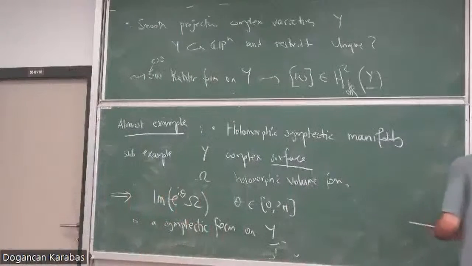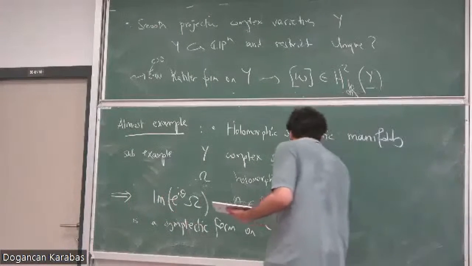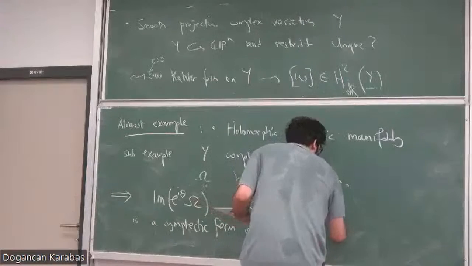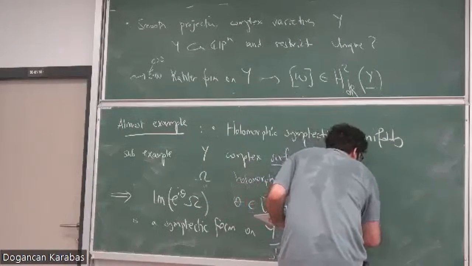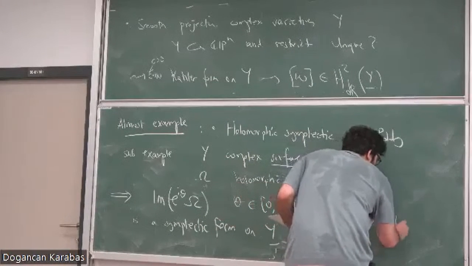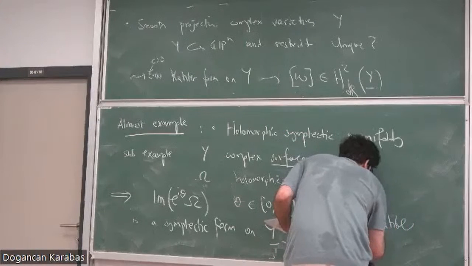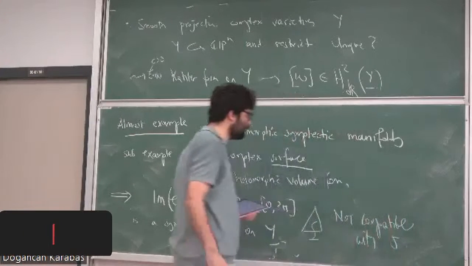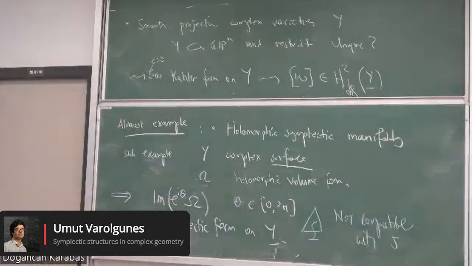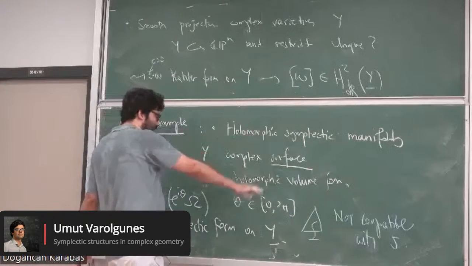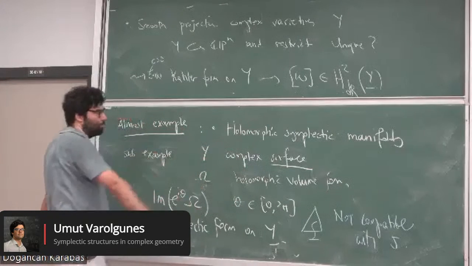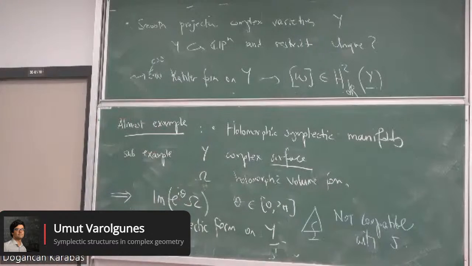Okay, but maybe a warning: not compatible with J. Okay, and maybe I'll just say this and not write it. Sorry, I'm over time, apparently. But just one more thing. Special examples of holomorphic symplectic manifolds come from hyperkähler manifolds.